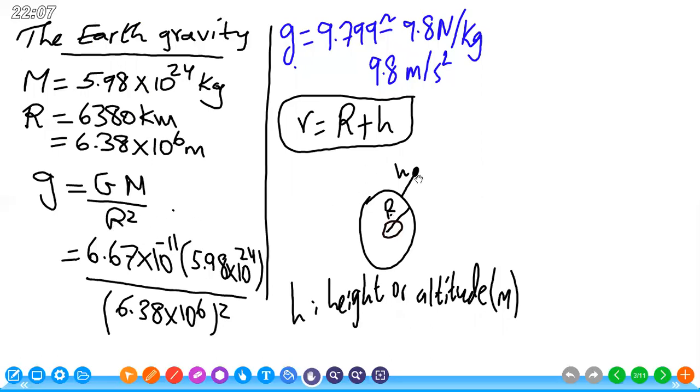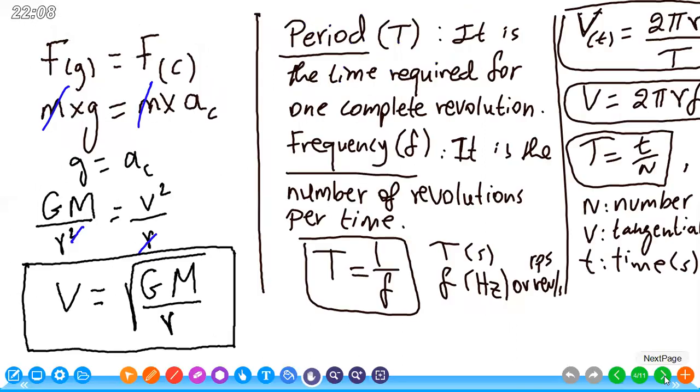So I have to get the distance from the satellite to the center of the Earth or the planet. So in this case, I have to add the radius plus the altitude, which is the height. So small r, which is the distance, is going to be the radius plus the height, which is the altitude in meter. In this case, I am increasing this number in the denominator, so the gravity is going to decrease. We are going to do examples on this, but let me continue here.